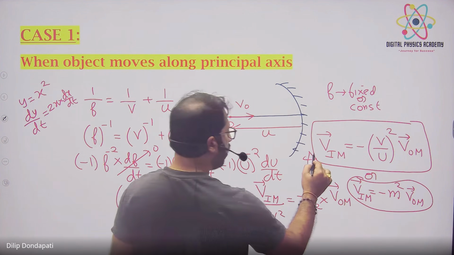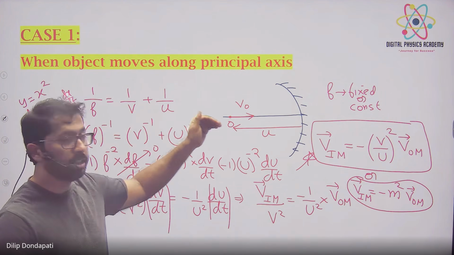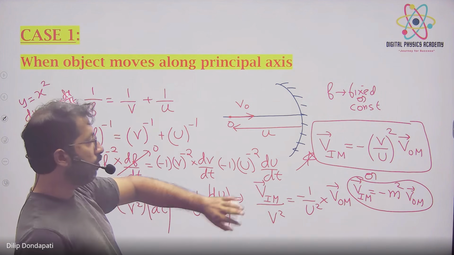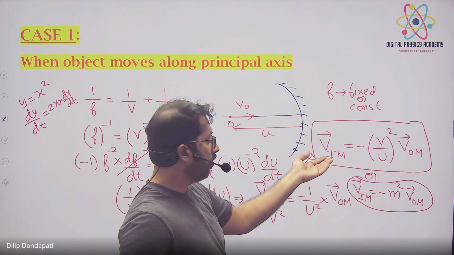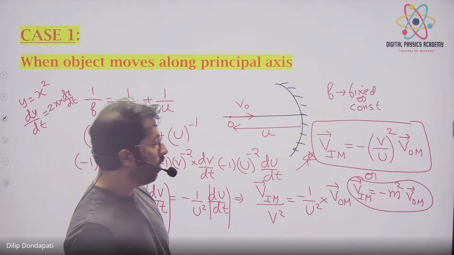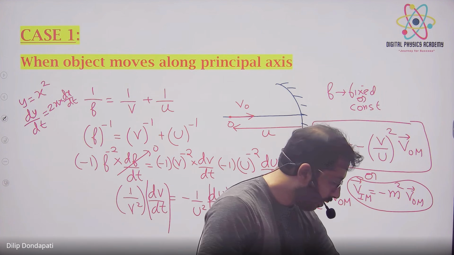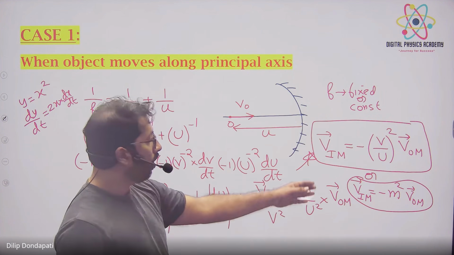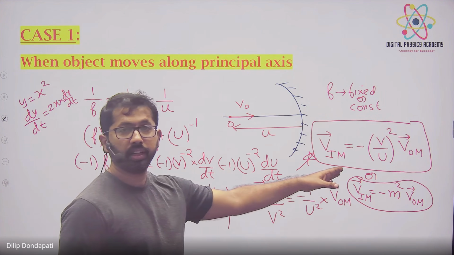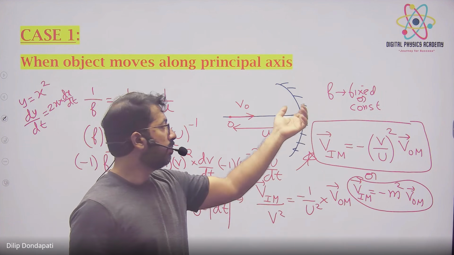Whenever the object is moving along the principal axis, this is the formula we want: velocity of image with respect to mirror is equal to minus (v by u) whole square times velocity of object with respect to mirror. And the velocity of image with respect to mirror is velocity of image minus velocity of mirror, since sometimes the mirror will be moving.